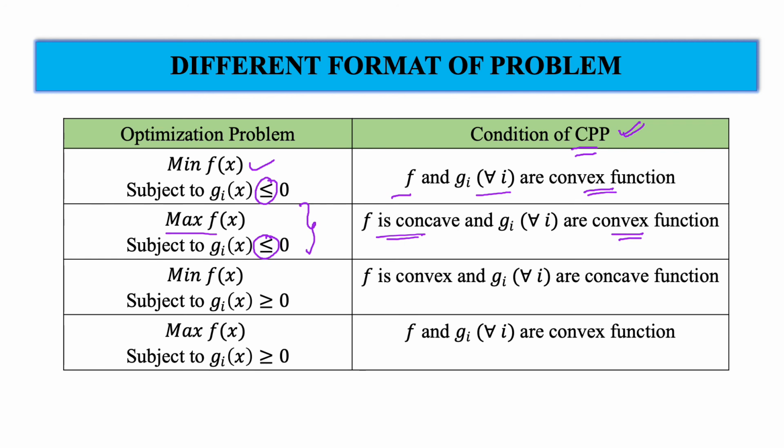The third form is, function is of minimization type but all the constraints are of greater than equals to type, then the problem will be a convex programming problem if my objective function is convex but all the constraints are concave functions.